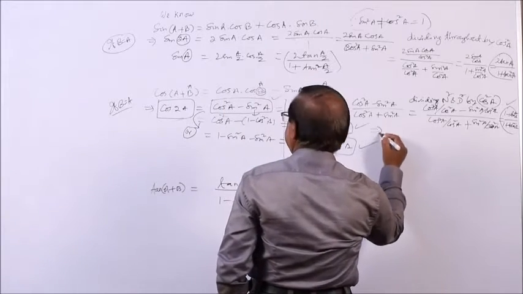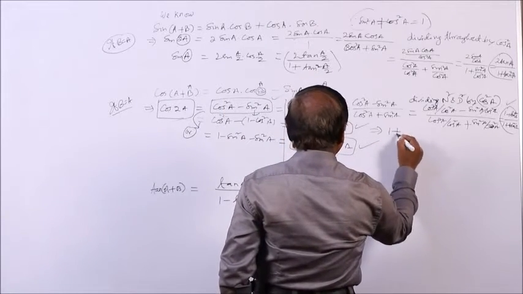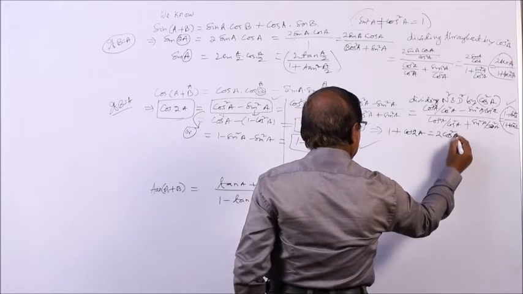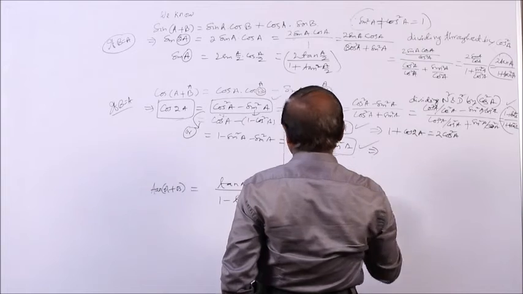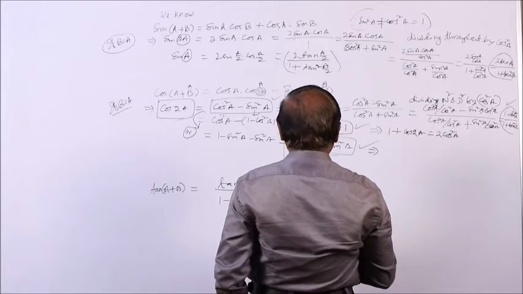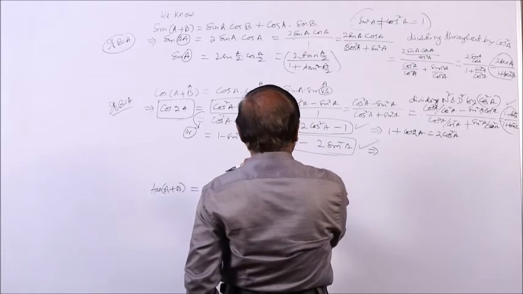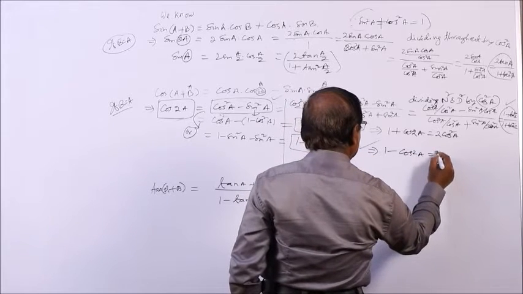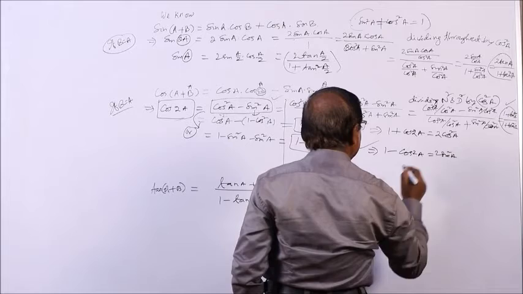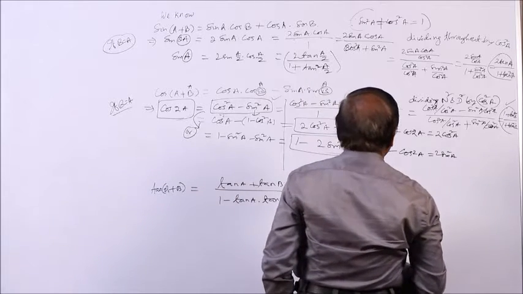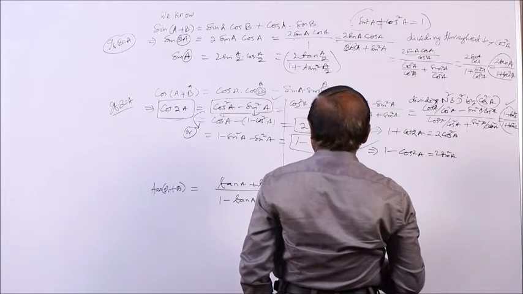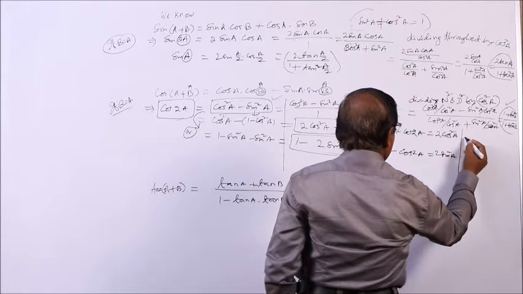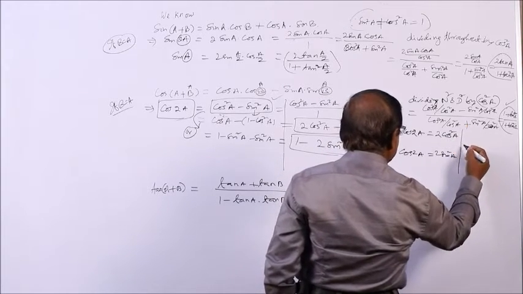Further also you can write like this. That also implies 1 plus cos 2A is equal to 2 cos square A. Similarly, 1 minus cos 2A is equal to 2 sin square A. Again, if we divide these, what will happen?